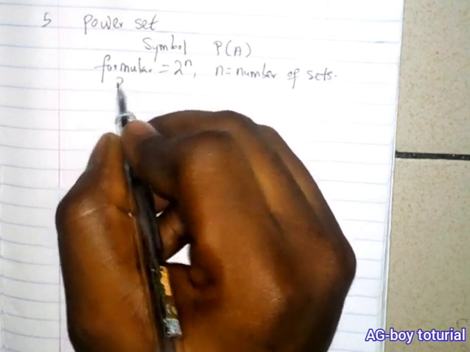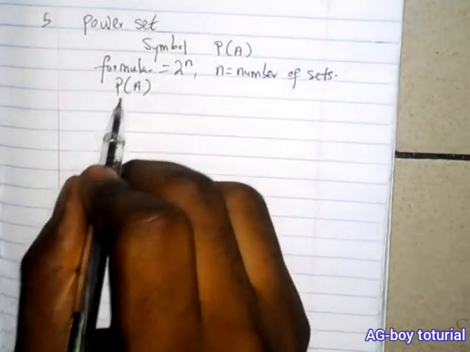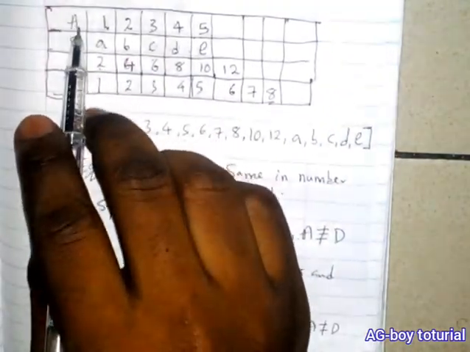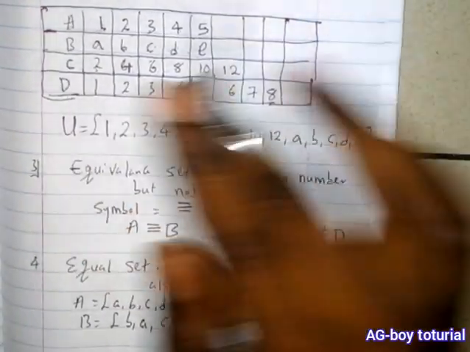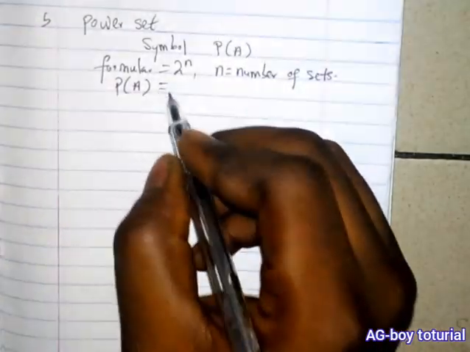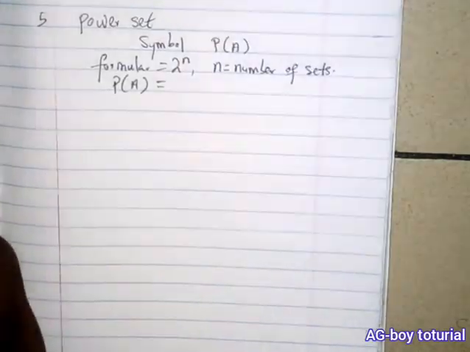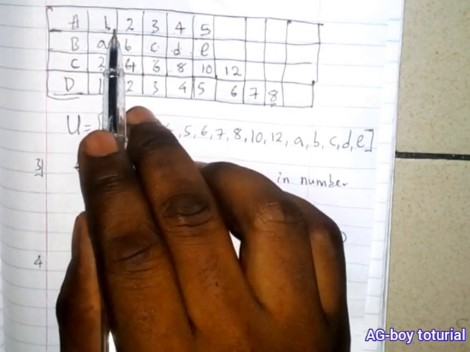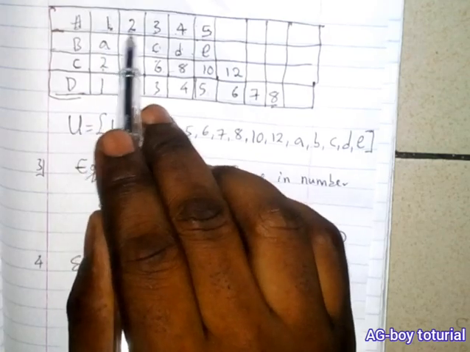Let's say for P of A, if you want to check the power set of the A subset, it's going to be, now we say n is the number of elements we have here, which is 1 2 3 4 5.